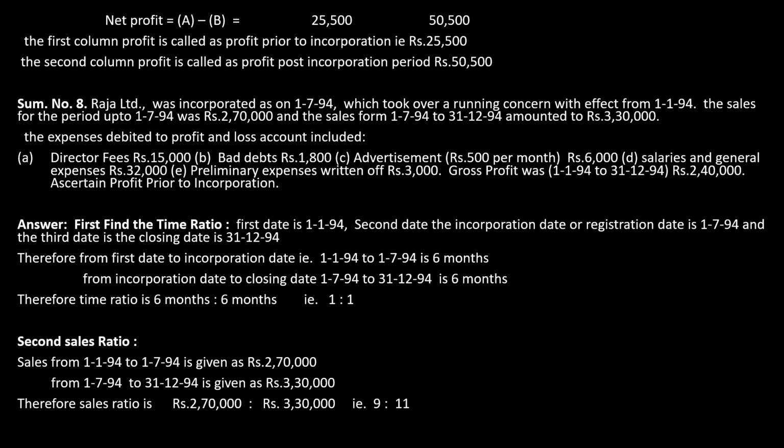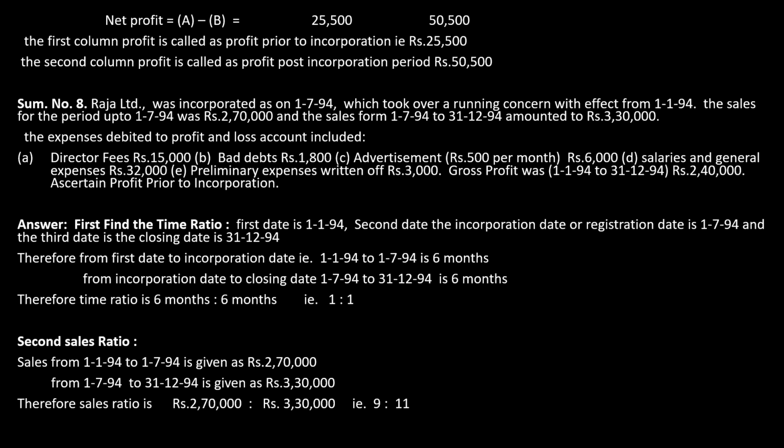The second step will be your sales ratio. For sales ratio, it is not given in detail as it was given in sum number 7. In sum number 7, they gave you 1:2 directly. Here it is not given as such. Here the sales are given. The sales from 1/1/94 to 1st July 94, that is for the first 6 months, was 2,70,000.